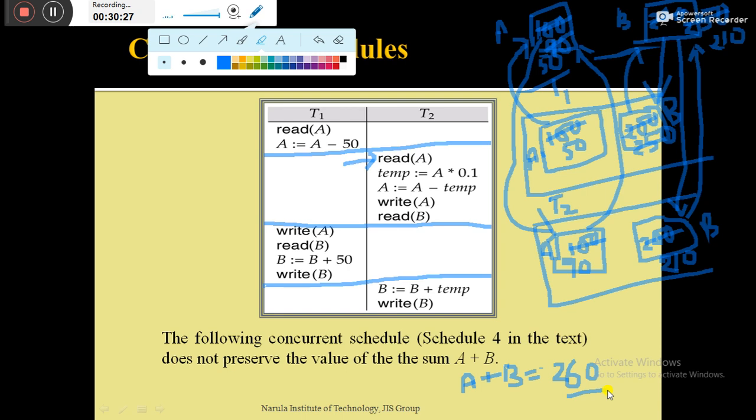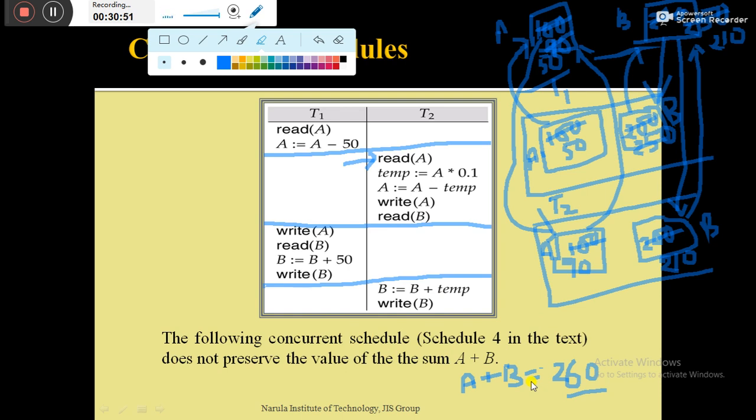That means the database is not in a consistent state, so the database becomes inconsistent. Even if the CPU executes the transactions successfully, this concurrent execution of the transactions leaves the database in an inconsistent state.